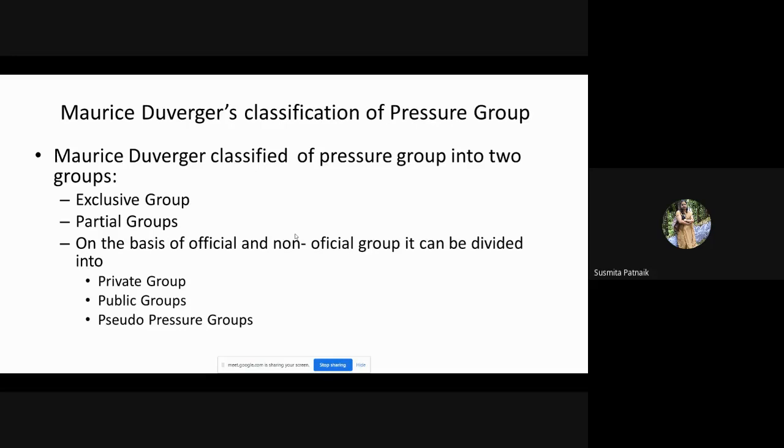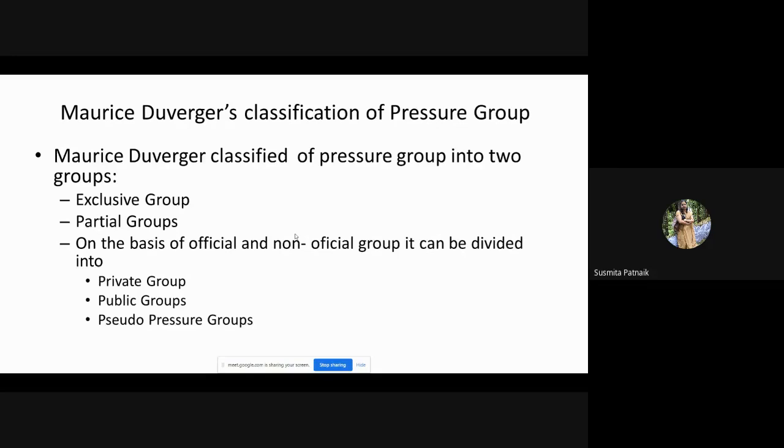On the basis of the first question, the groups have been divided into two types: exclusive groups and partial groups. Exclusive groups means what? The members of these groups are putting pressure upon the political system to get the public policy in favor of them.